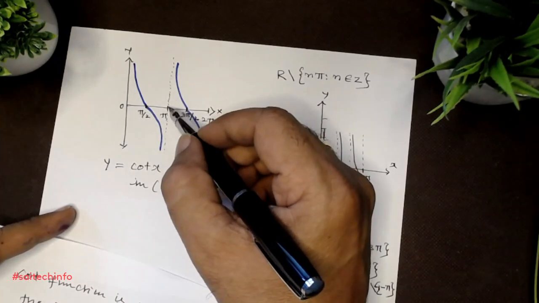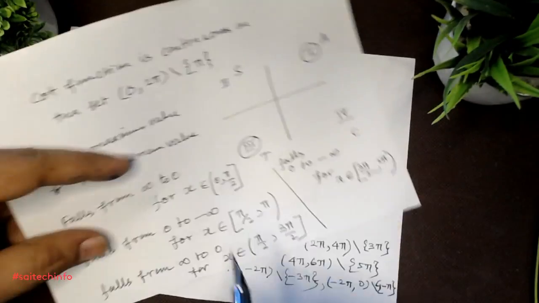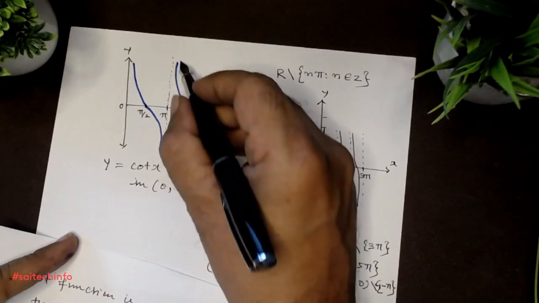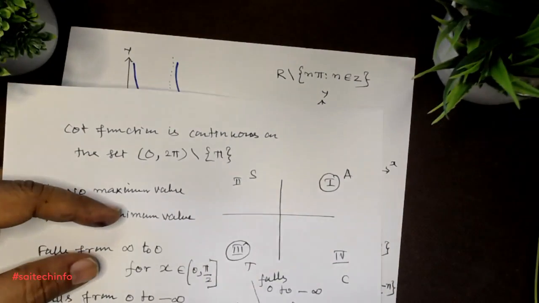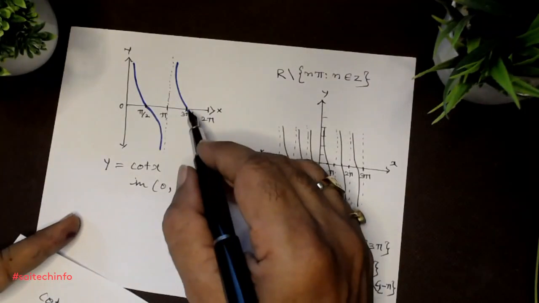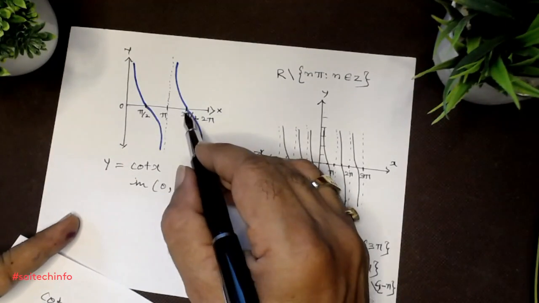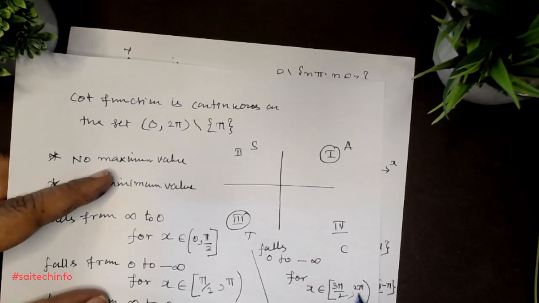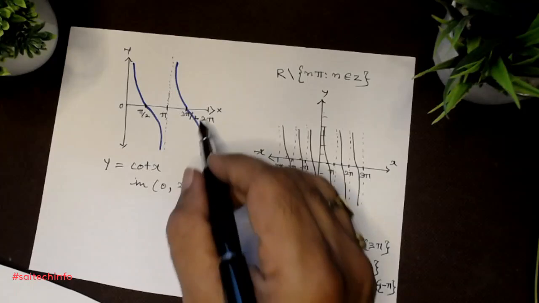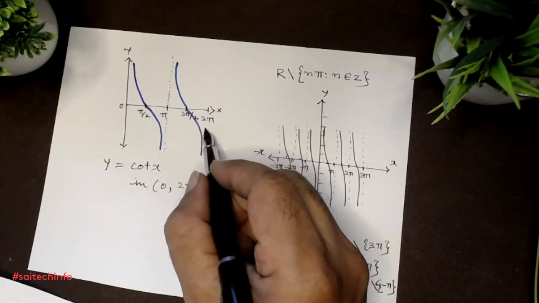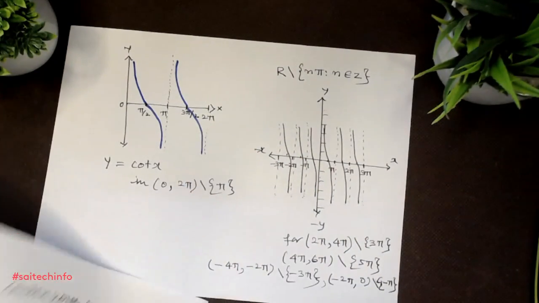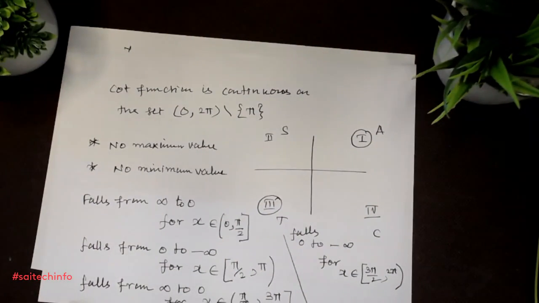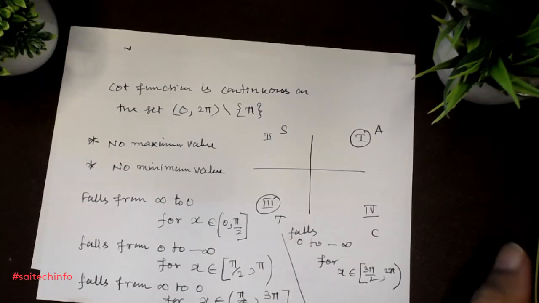Then pi to 3 pi by 2, and then 0 to negative infinity, 0 to infinity. So 3 pi by 2 is a closed interval, and here an open interval up to 2 pi. So it does not cross, maybe comes closer. Okay, are you able to understand this? So this is the graphical representation of cotangent.